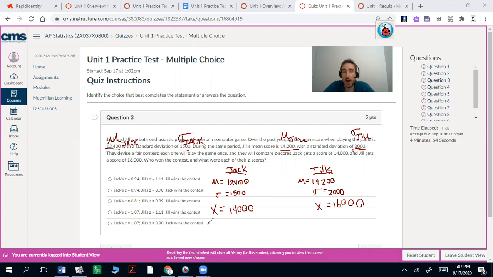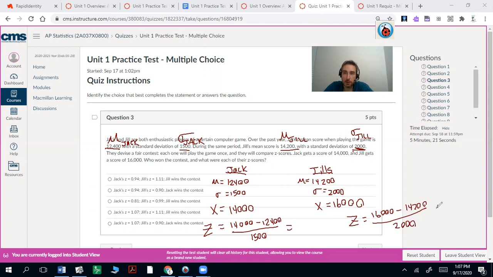The point is to compare how well they did to each other based off of their own values. So with Jack, remember, z is x minus the mean over standard deviation, so 14,000 minus 12,400 over 1,500. And Jill is going to be 16,000 minus 14,200 over 2,000.